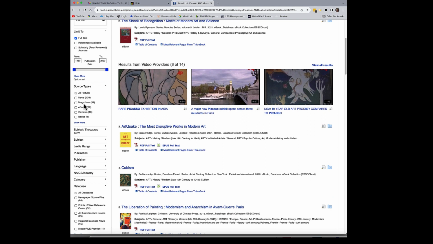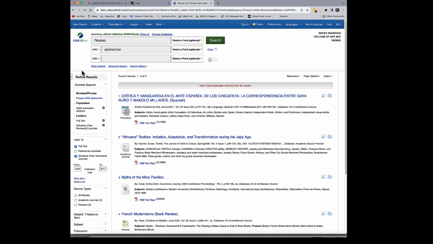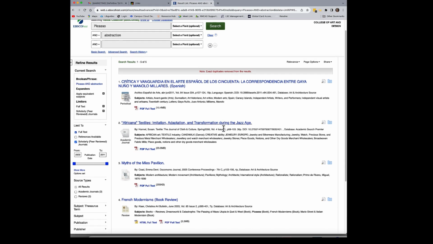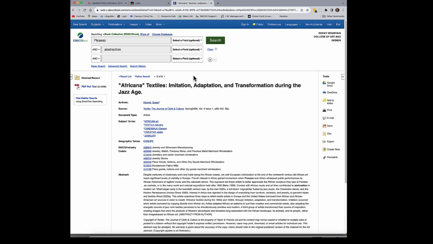I want a scholarly article. Let's see if there are any. There are some. So we're going to go ahead and take a look at this one, Africana Textiles, Imitation, Adaptation, and Transformation During the Jazz Age.